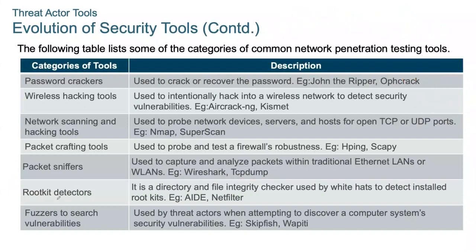And another one is rootkit detectors. A rootkit detector is a directory and file integrity checker used by white hats to detect installed rootkits. Example tools for this include AIDE and net filters.